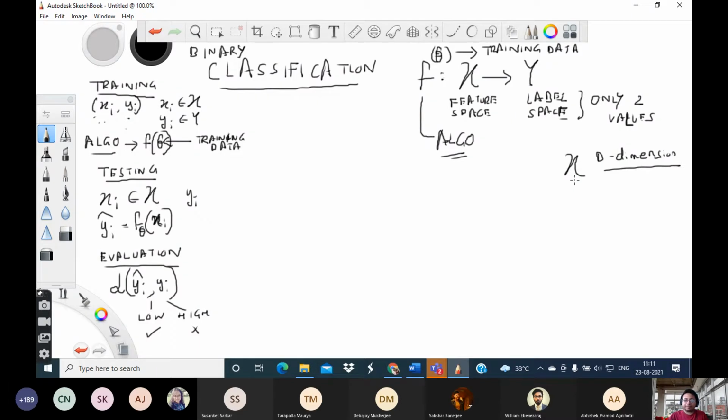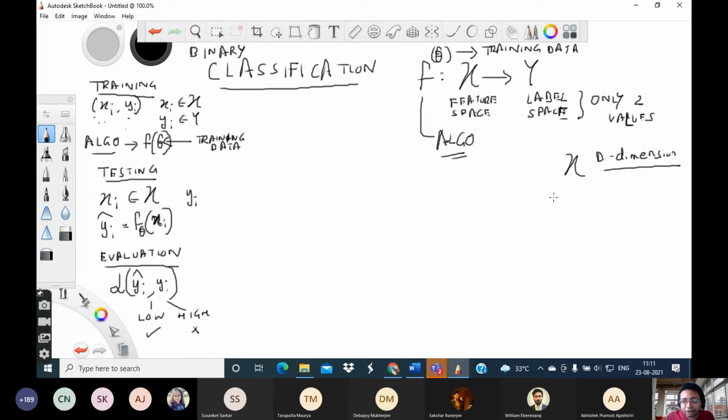Some dimensions of the features can be discrete valued, some can be binary valued, some can be real valued, etc. So we cannot really say that X is the same as some mathematical space we are familiar with. It's a vector space, but it may not be the d-dimensional real space or d-dimensional complex space or anything which we usually deal with.